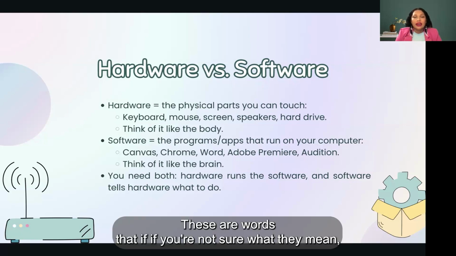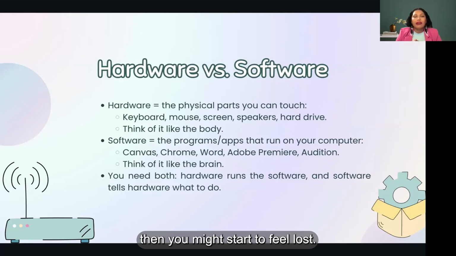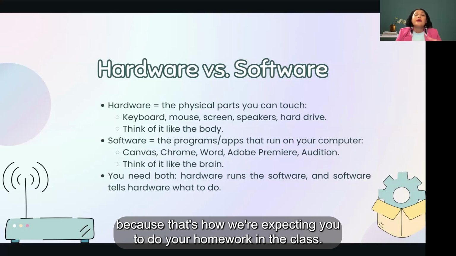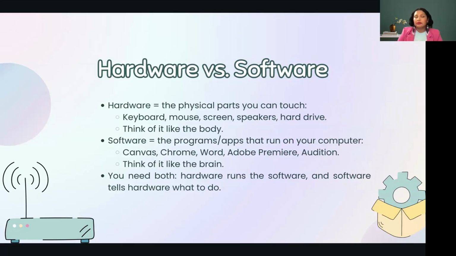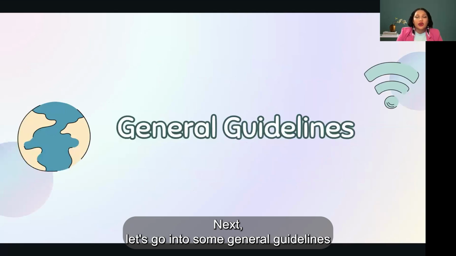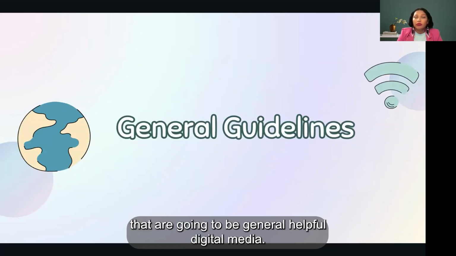These are words that if you're not sure what they mean, then you might start to feel lost really quickly. And we don't want that. We want you to know what they mean because that's how we're expecting you to do your homework in the class.